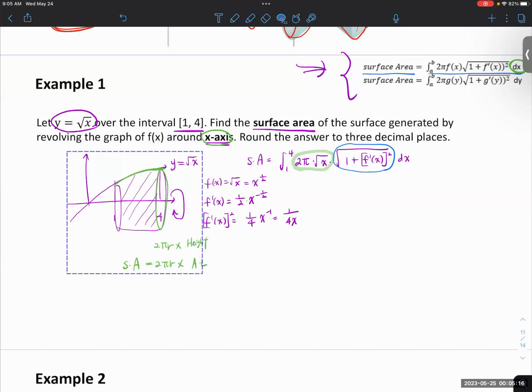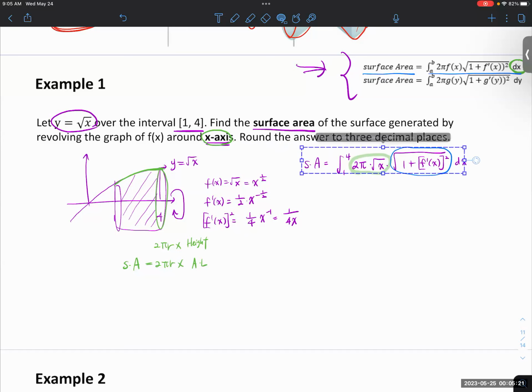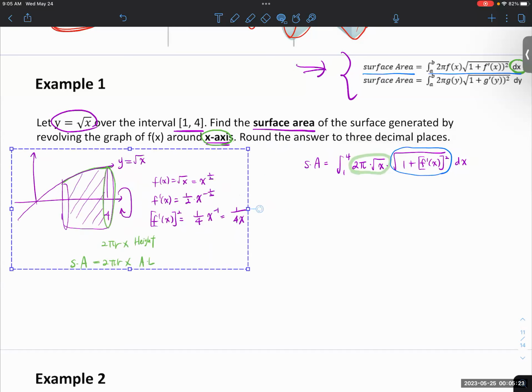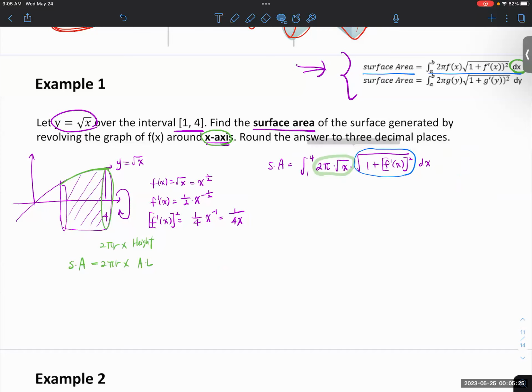So this one, I'm going to bring this one here, and I'm going to bring this one to the left side. So we got it. Let's plug in from 1 to 4, 2 pi, and then we have a radical x times 1 plus 1 over 4x dx.